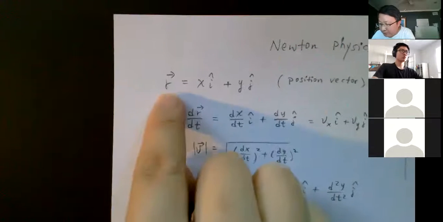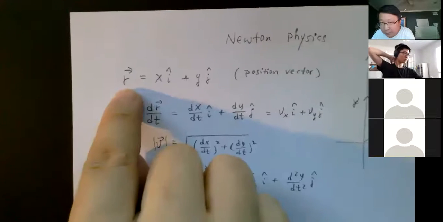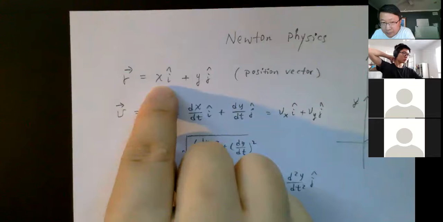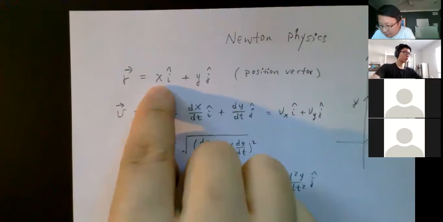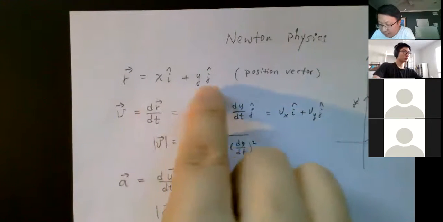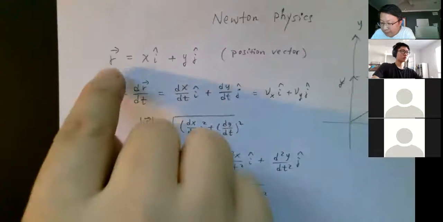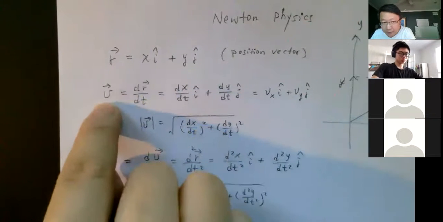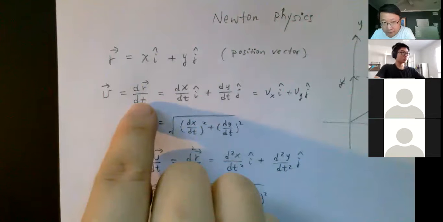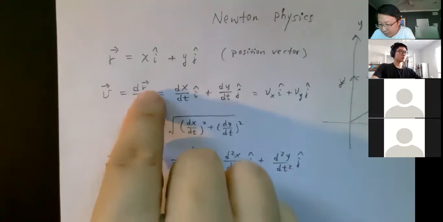So this R vector can be written as the X component along the X direction plus the Y component along the Y direction.